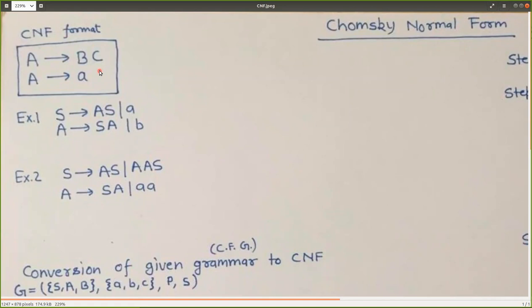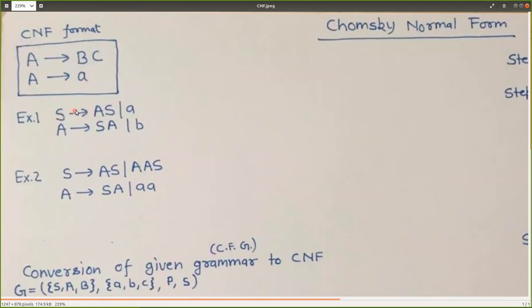Otherwise, it is not. For example, take this grammar, there are four productions. S produces AS, and S produces a terminal small a, and capital A produces SA, and capital A produces a terminal b. If you look at all four productions, each and every production is in one of these two formats.